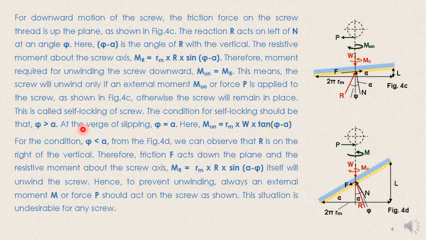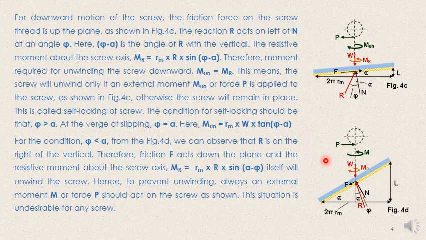At the most, on the verge of slipping, phi should equal alpha. Here, what is the total expression of the moment in terms of load W? The M for unwinding is Rm into W into tan of phi minus alpha.